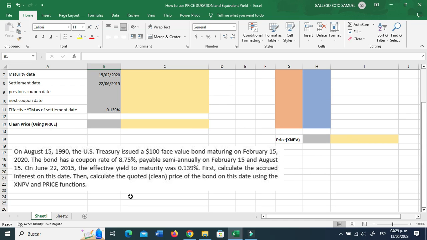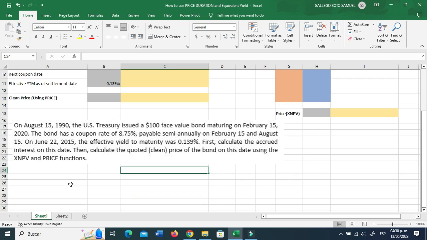Without further ado, let me just go ahead and read this real quick for you. On August 15th, 1990, the U.S. Treasury issued a $100 face value bond maturing on February 15, 2020. The bond has a coupon rate of 8.75, payable semi-annually on February 15 and August 15. On June 22, 2015, the effective yield to maturity was 0.139.